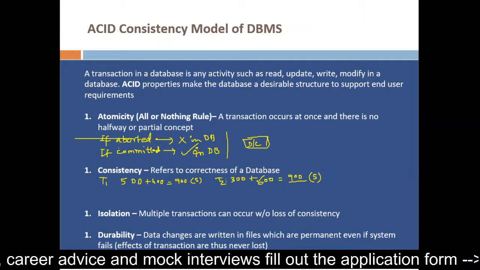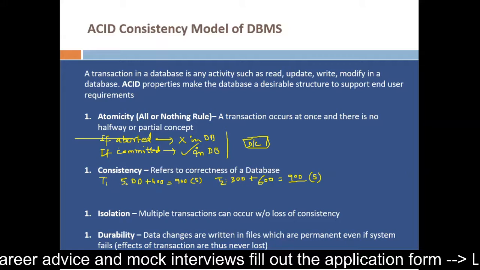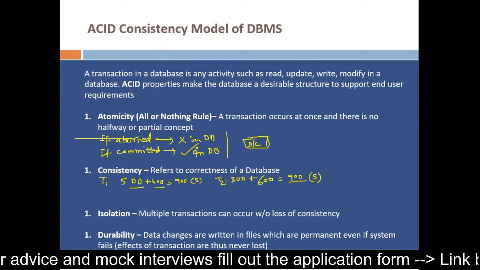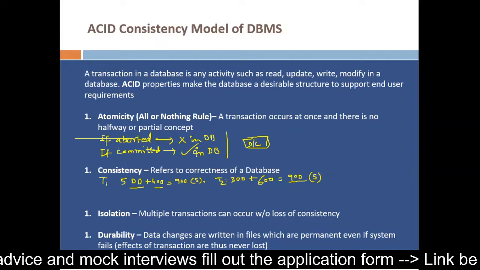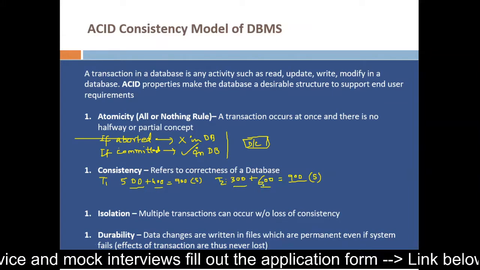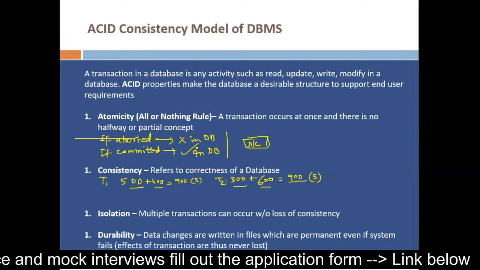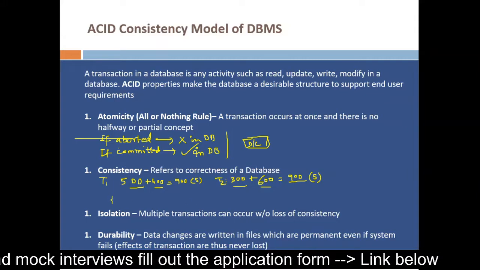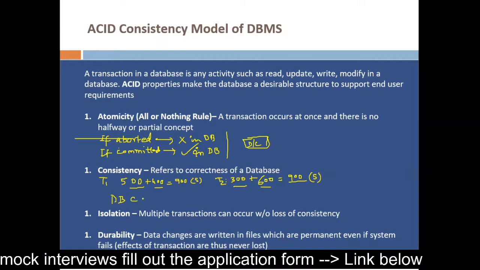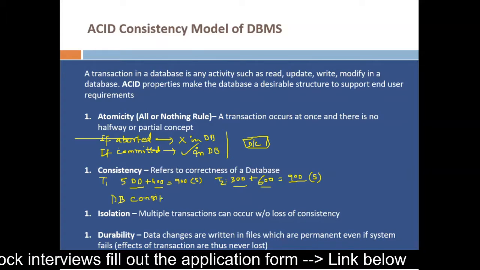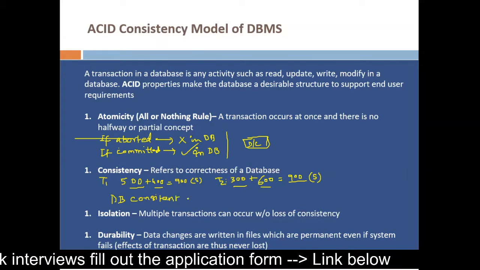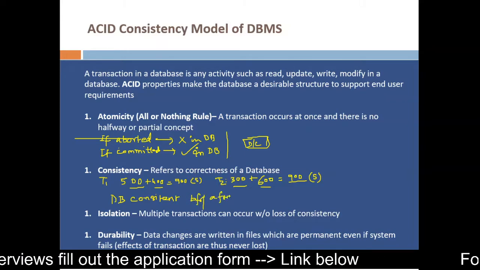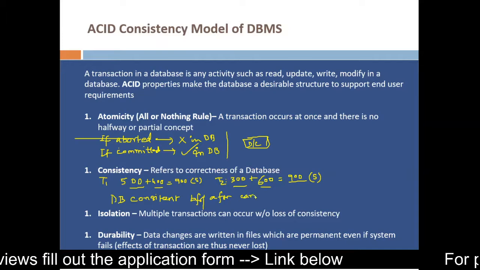So what this example tells us is that no matter whatever changes you are trying to make in the individual elements in a particular transaction, the total should always be consistent. What this means is that the database should be consistent before or after carrying out a transaction.